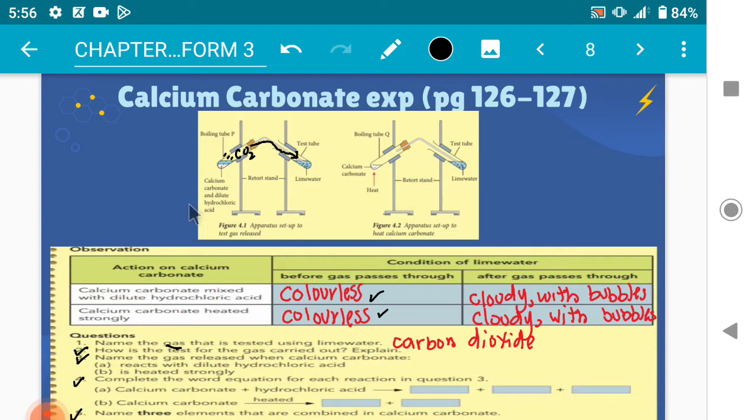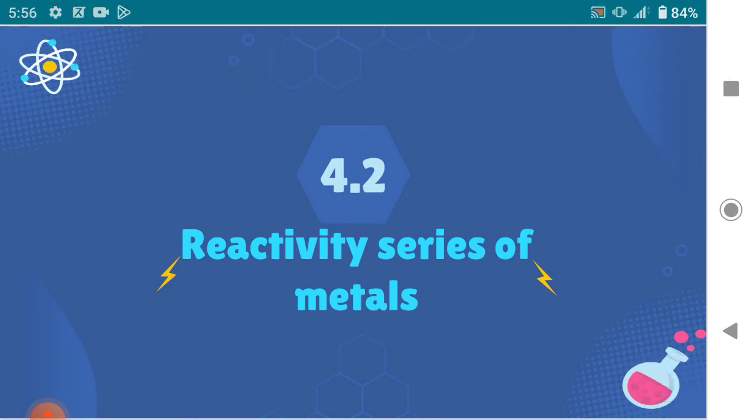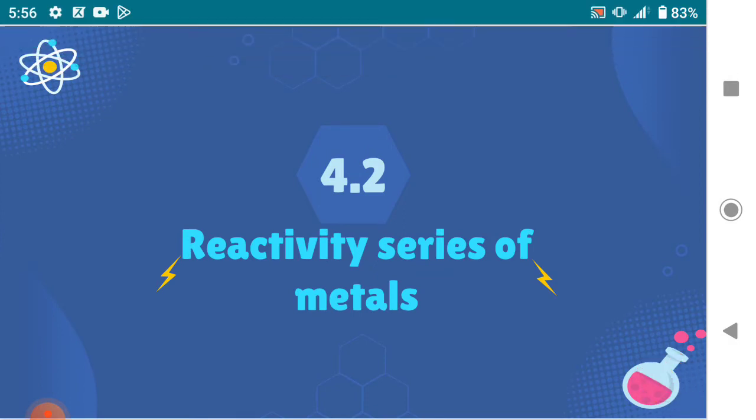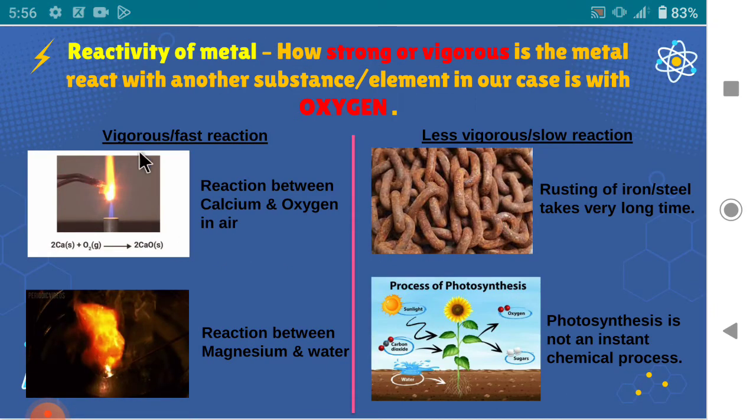Alright, okay, let's turn to the next subtopic, which is the reactivity series of metals. This is kind of interesting because we are dealing with more important elements, and I will show you what I mean. Reactivity of metals is defined as how strong or vigorous the metal reacts with another substance or element.